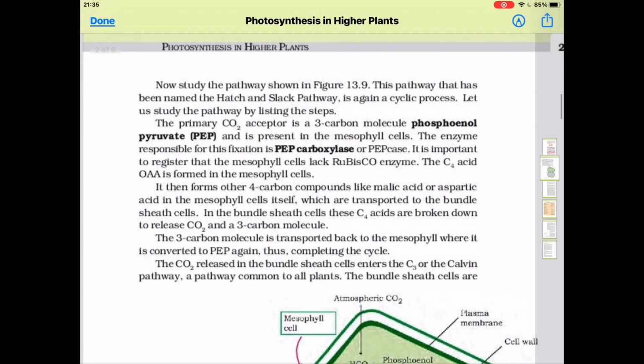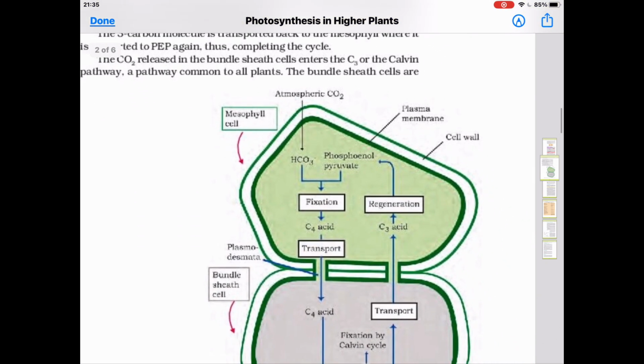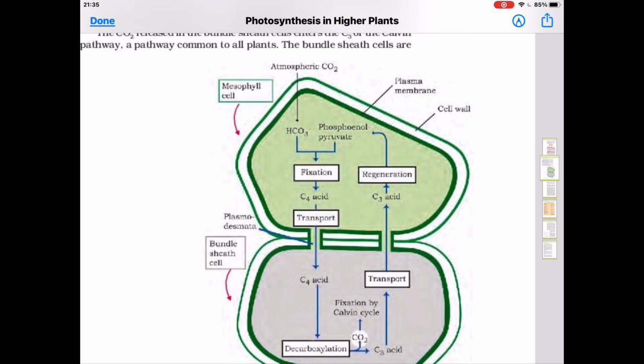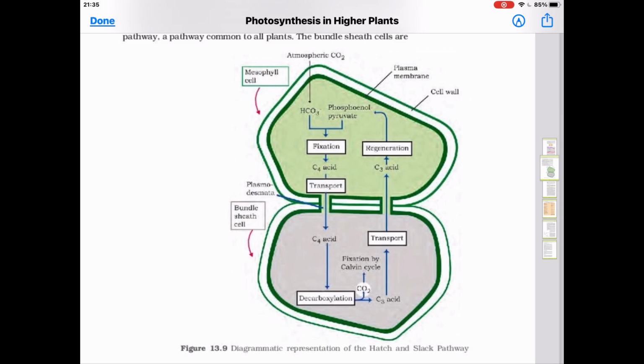Rubisco means ribulose bisphosphate carboxylase oxygenase enzyme. Rubisco helps in the formation of sugar. But here PEP case enzyme is absent. PEP carboxylase or PEP case enzyme is absent in the bundle sheath.